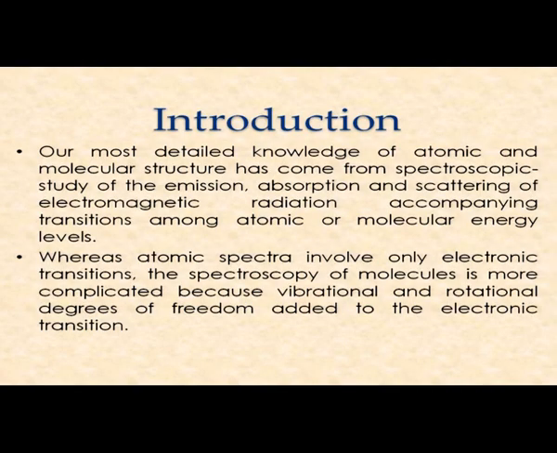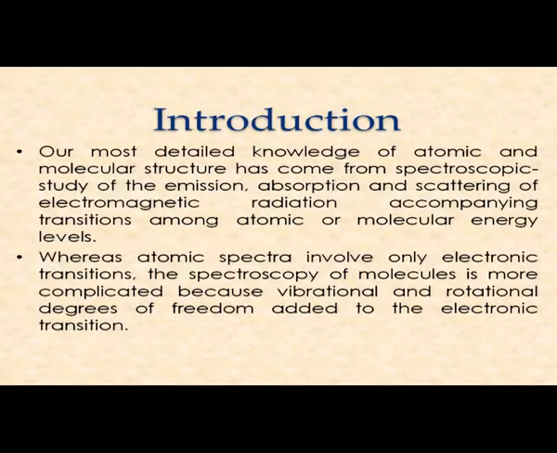scattering of electromagnetic radiation accompanying transitions among atomic or molecular energy levels, whereas atomic spectra involve only electronic transition. The spectroscopy of molecules is more complicated because vibrational and rotational degrees of freedom are added to the electronic transition of the atoms. In a molecule, atoms are there.